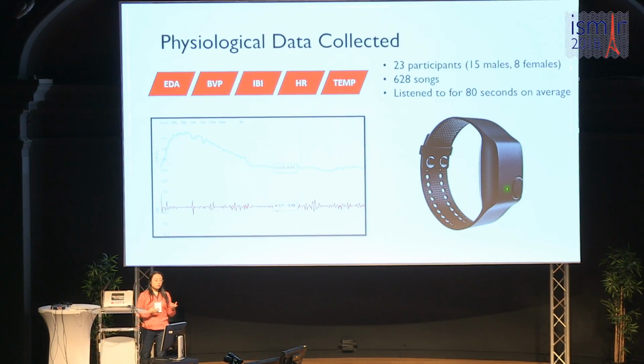We particularly measured signals of electrodermal activity, which measures the sweating condition of the skin, and also the blood volume pulse and heart rate, which derive the interbeat interval, and also the skin temperature.